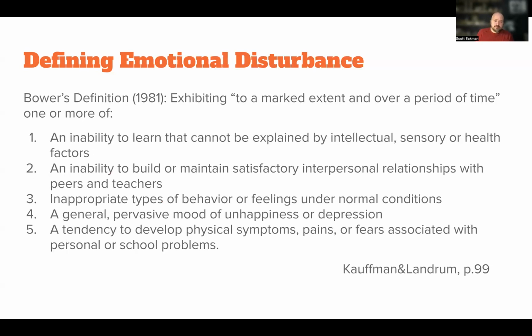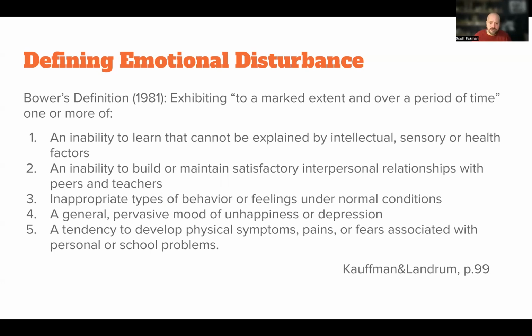So let's talk a little bit about the actual definition of emotional disturbance. Kauffman and Landrum talk about this in the book in chapter 2, starting with Bower's definition from 1981, which is students exhibiting to a marked extent and over a period of time one or more of these things.